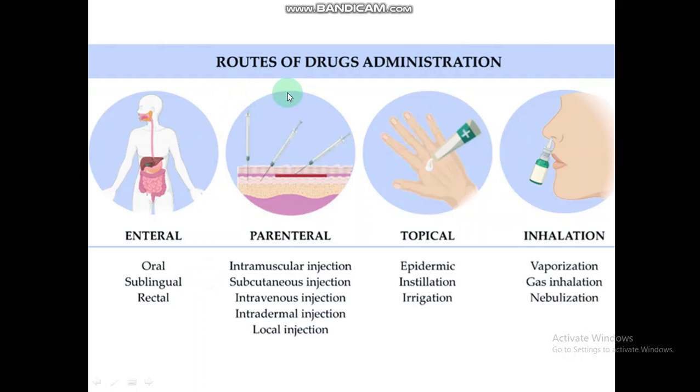So here, routes of drug administration. What does it mean that it is enteral? Enteral means systemic administration, which means it is taken orally, meaning buccal cavity, sublingual and rectal. So these are the paths from which the drug can be administered.